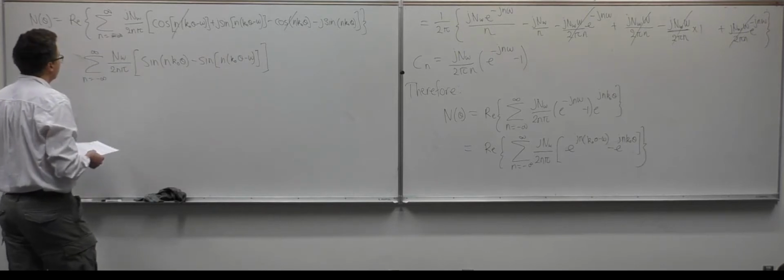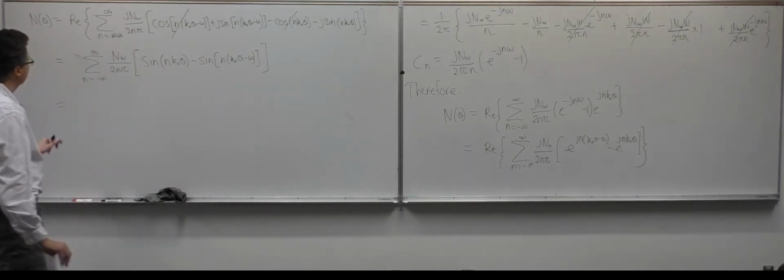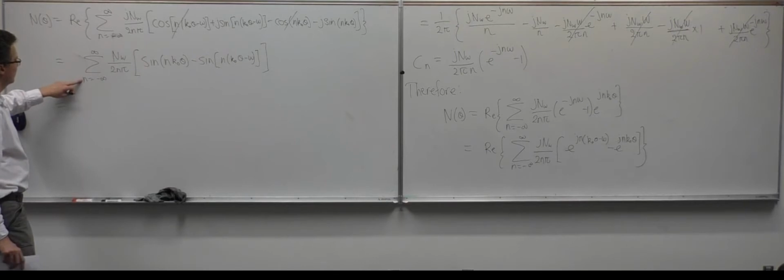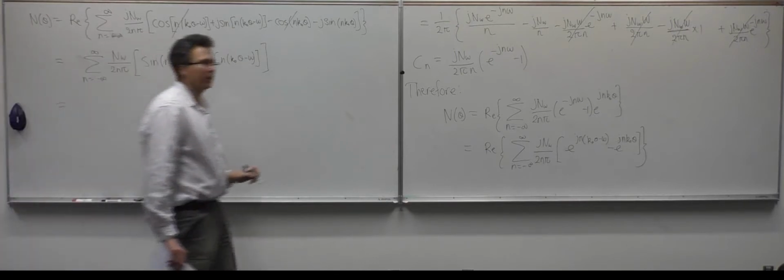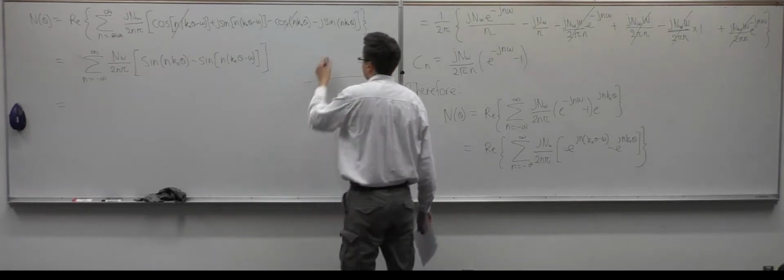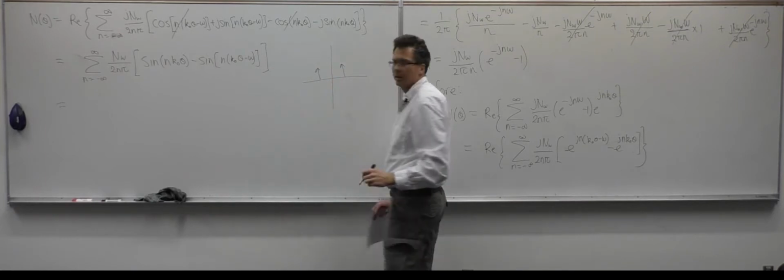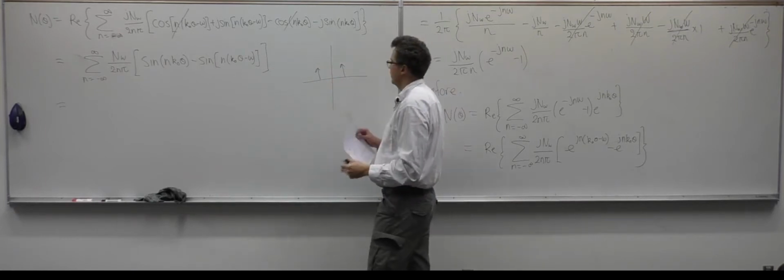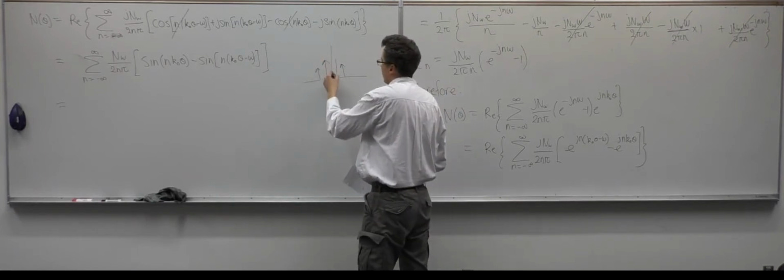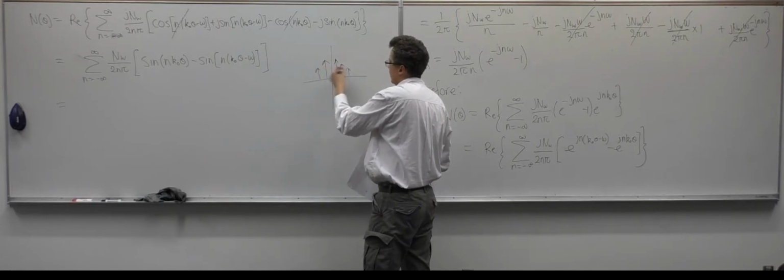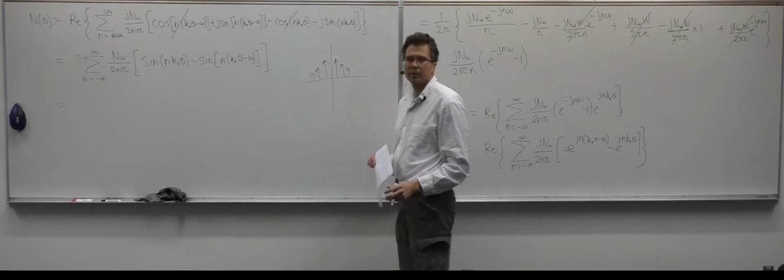Now rather than summating from minus infinity to infinity, there's going to be harmonics on both sides, right? But they're going to be symmetric for the complex Fourier series, if you remember.